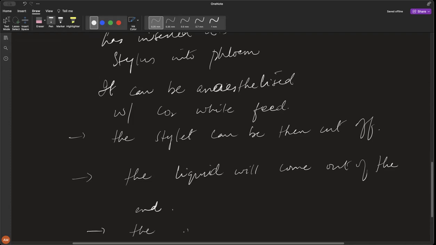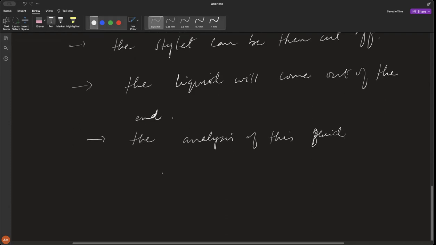The analysis of this fluid or liquid shows that it contains sucrose. Sorry, it should be sucrose, not starch.